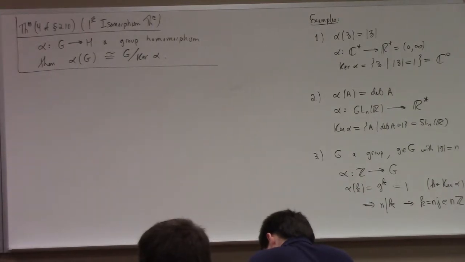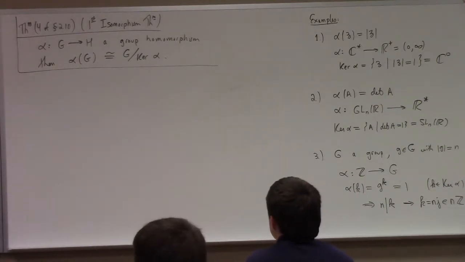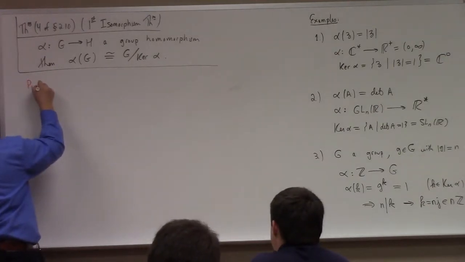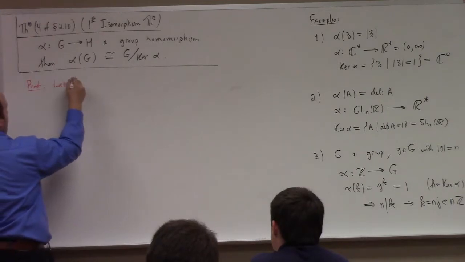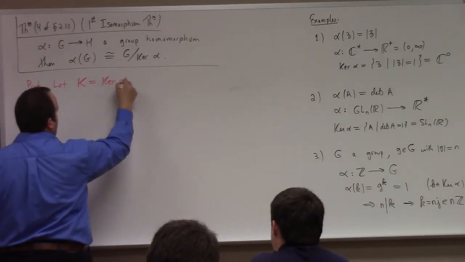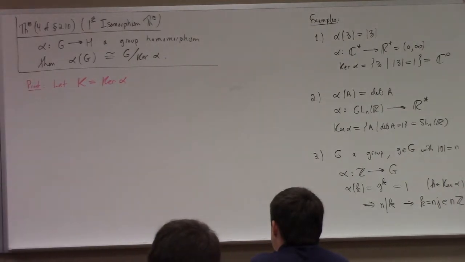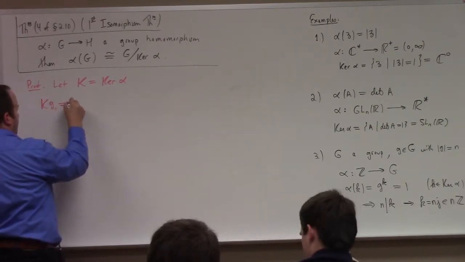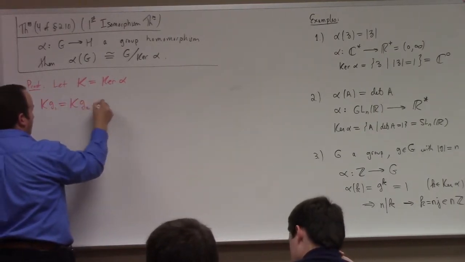So I'll prove this in a couple stages. Number one, I'll say K is the kernel of alpha. And I want to study what it means for cosets of K to be equal. So what does it mean for Kg1 to equal Kg2? What's an equivalent condition to that?